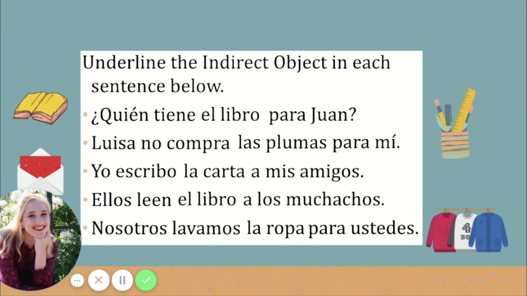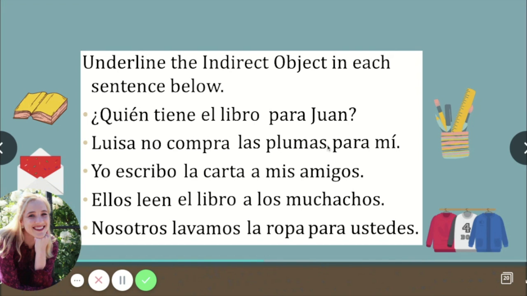So remember, previously, before we were learning the direct object. The direct object would be the book. That is what's being given. Now we're looking for the indirect object. So we know the direct object is the book. Who is receiving the book? Good.